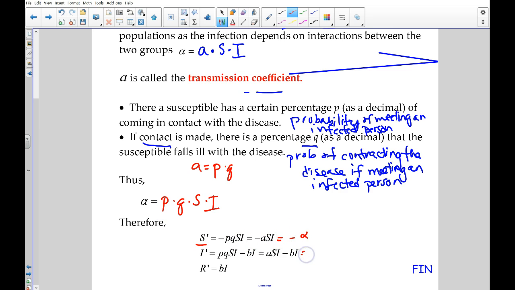This one was alpha minus beta. You can see each of those quantities represented here. And lastly, the rate of change in the recovered population was just beta, which is BI. And that is a brief explanation of how we get the mathematics behind the SIR model.